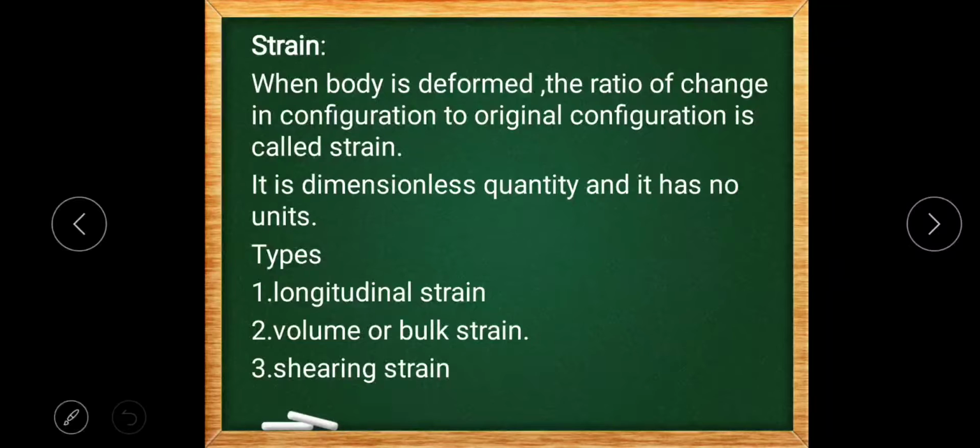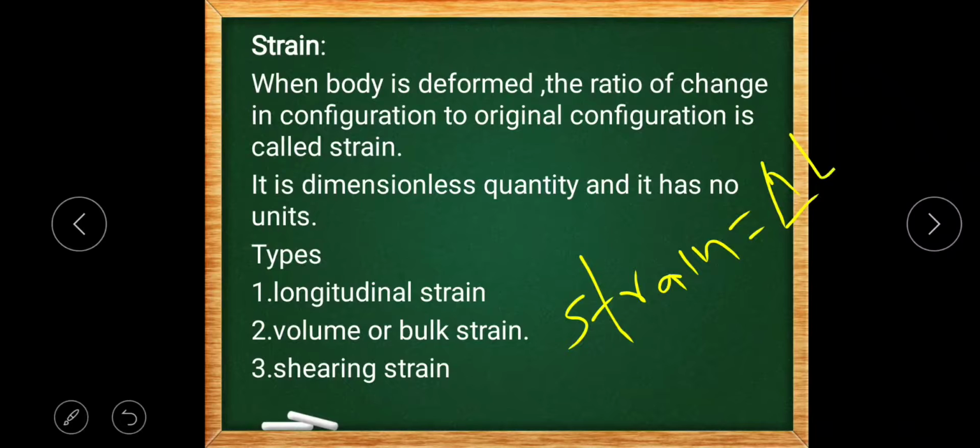Because if you consider the formula for strain, simply I will consider length as the dimension. It is the ratio of change in length to original length. Change in length is represented by delta L divided by the original length L. Here the dimensions of both these quantities are the same, hence both get cancelled.